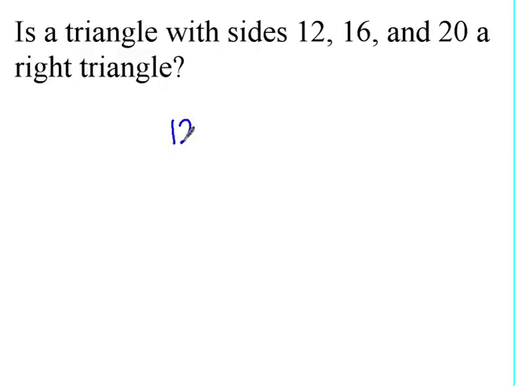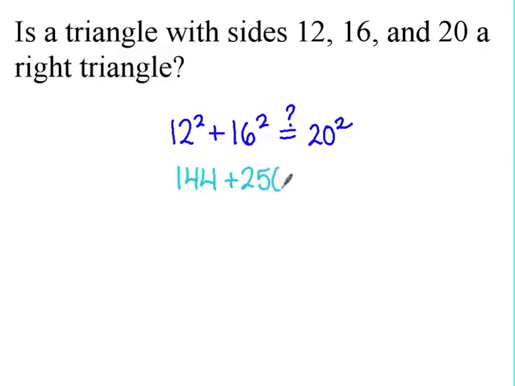So in this case, I'm going to take 12 squared plus 16 squared, and I'm going to see if that equals 20 squared. I know that 12 squared is 144. What's 16 squared? 256. True. Does that equal 400? Yes. So this is a right triangle.